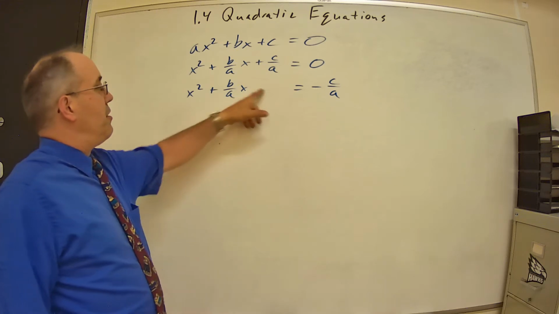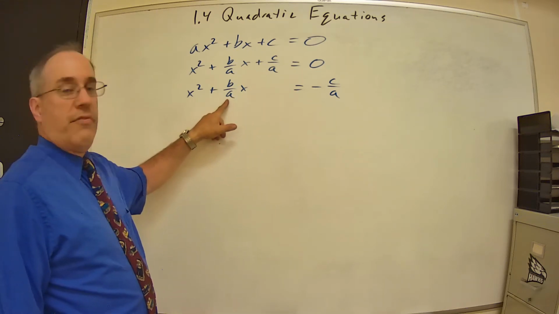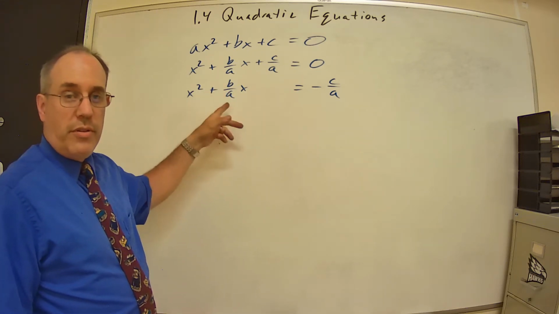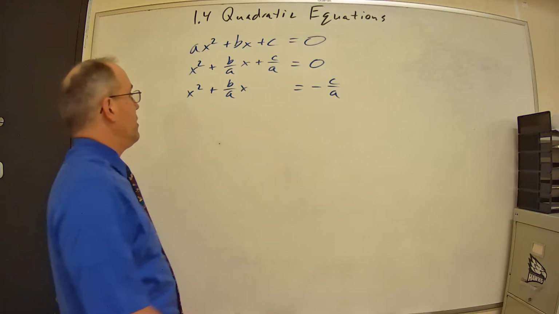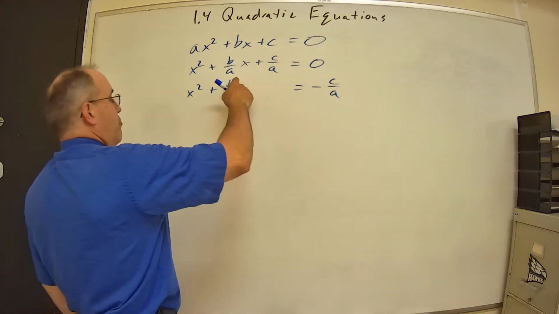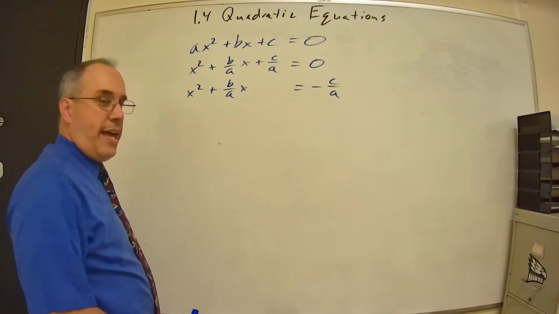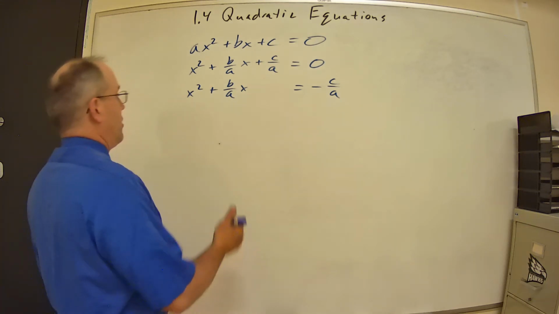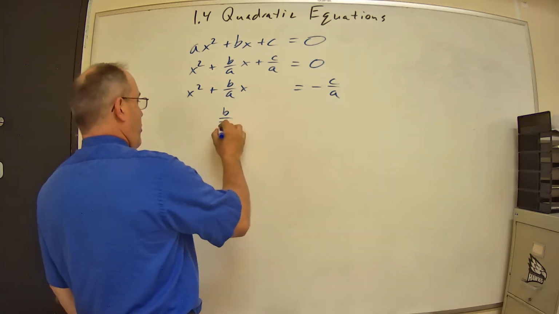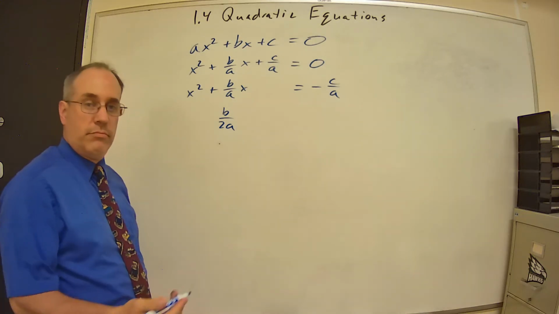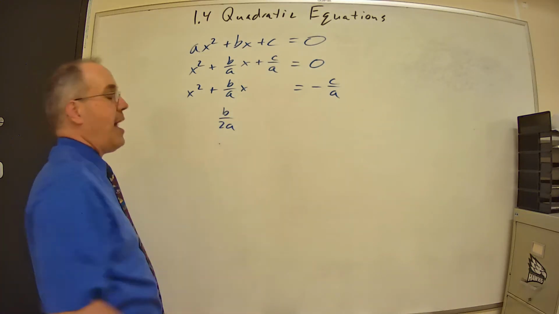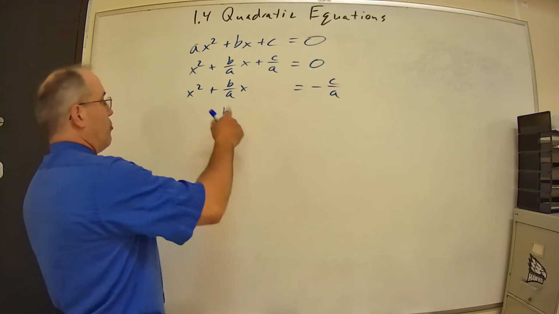Okay? Next step, we want to divide this by 2 and then square it. If we divide b over a by 2, that's b over 2a, right? 1/2 of b over a. So b over 2a.